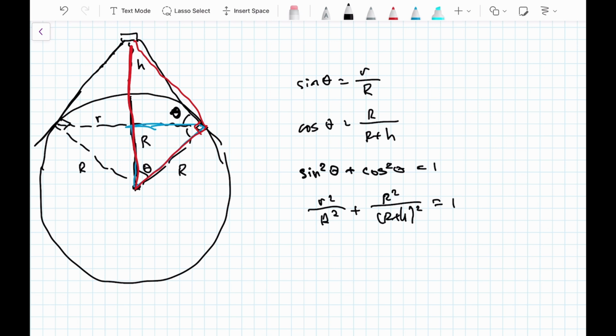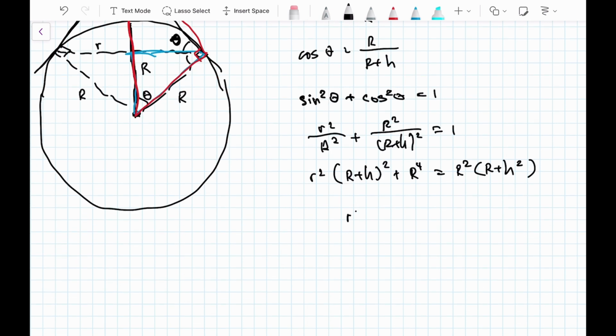We can multiply both sides by R squared, multiplied by (R plus h) squared. So we get r squared (R plus h) squared plus r to the power of 4 is equal to R squared (R plus h) squared.